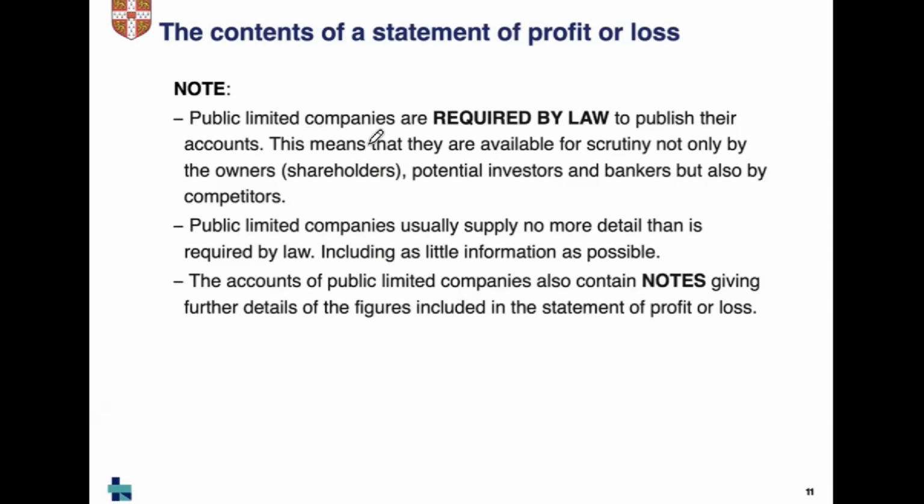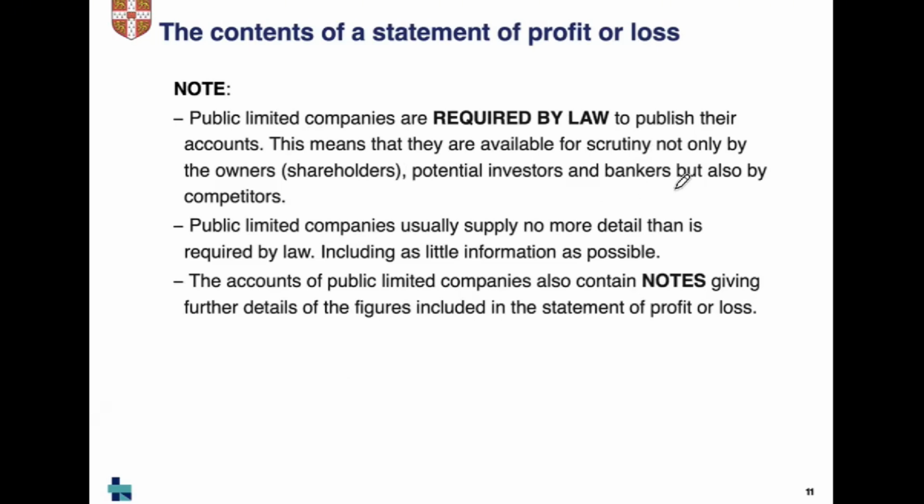And here it says that this means that the accounts are available for the scrutiny not only by the owners, that is the shareholders, but also your competitors, potential investors, and banks are also seeing your business performance.